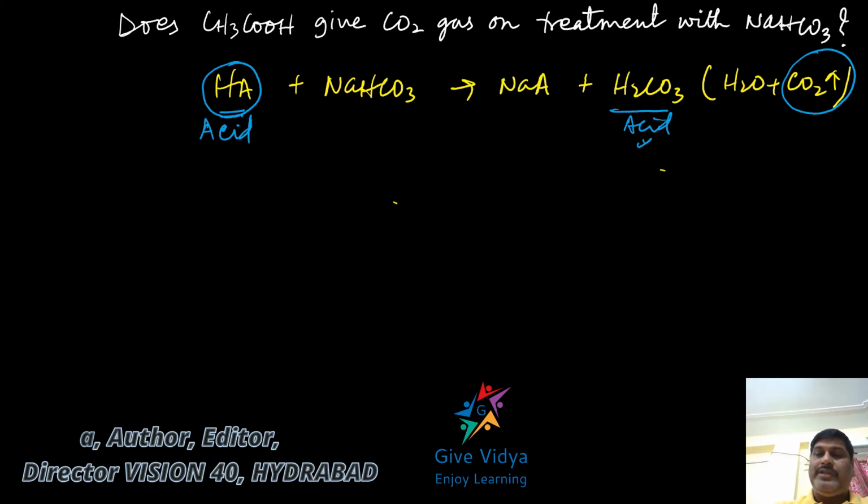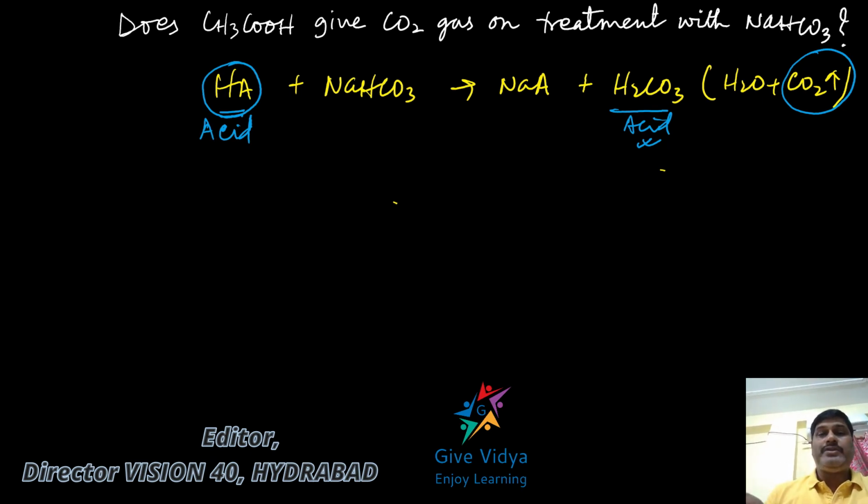If the product acid is weaker, then this reaction is possible. If the product acid is stronger, if it is more reactive, then this reaction is not possible, because a reaction will not take place if it gives a more reactive product.